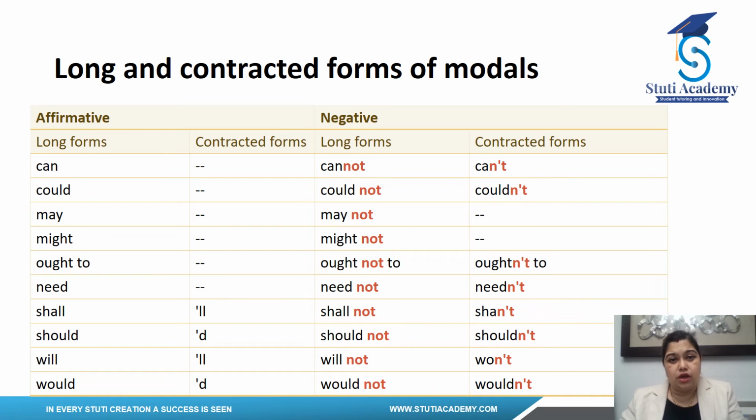Now, should. Should in the affirmative has a shorter contracted form. Again, the same pronunciation, but the way we write it, that is important. So it is should, but with apostrophe and a D in the contracted form. So it is we should.